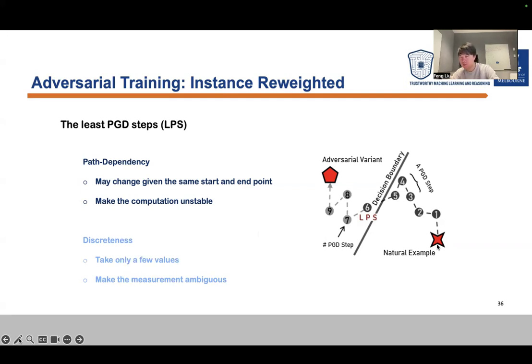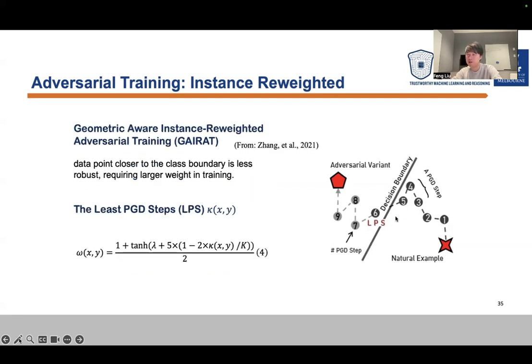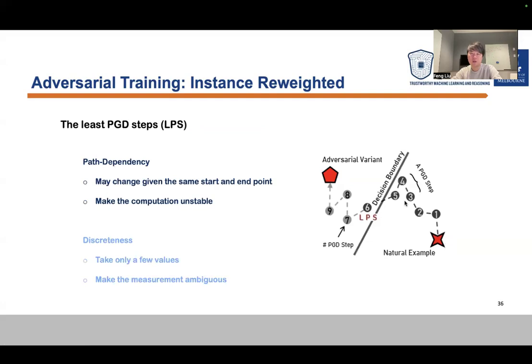Sometimes we just need to slightly change the attacking method, and the path will change. The path will change. It might start before it crosses the decision boundary. For example, 5 might become 10 or 11, sometimes. So it means that this kind of method is not stable.